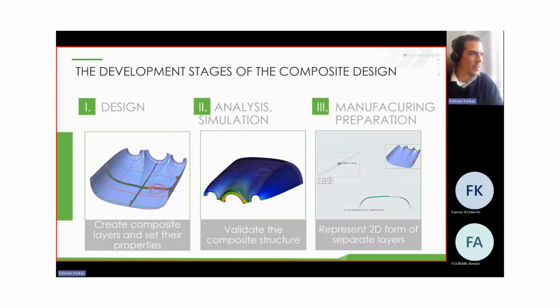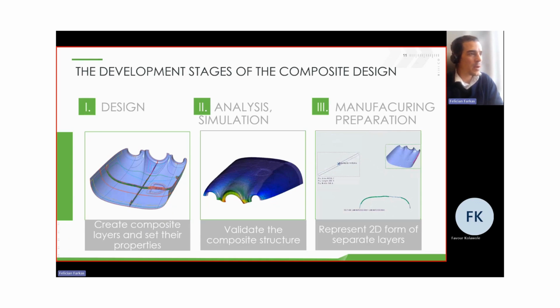So here we see the development stages of composite design. In the design stage, we create the model, the product. We are going to have a look at the Creo tools, the composite layers and their properties, and editing these properties. In the analysis and simulation section, we see how the product is validated with a draping simulation, and then the manufacturing preparation part.